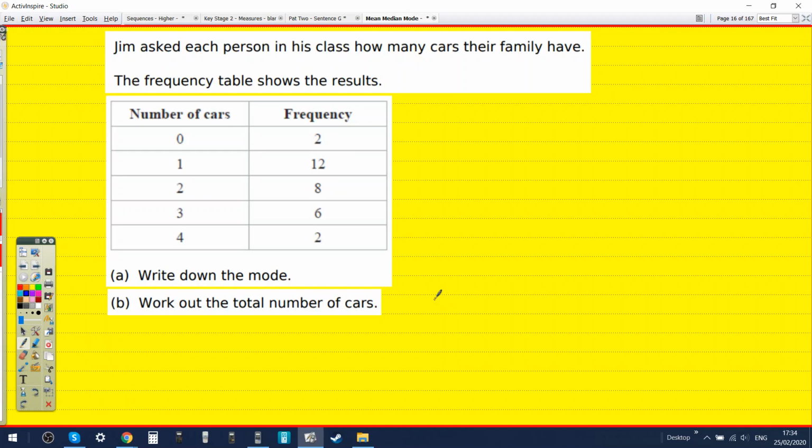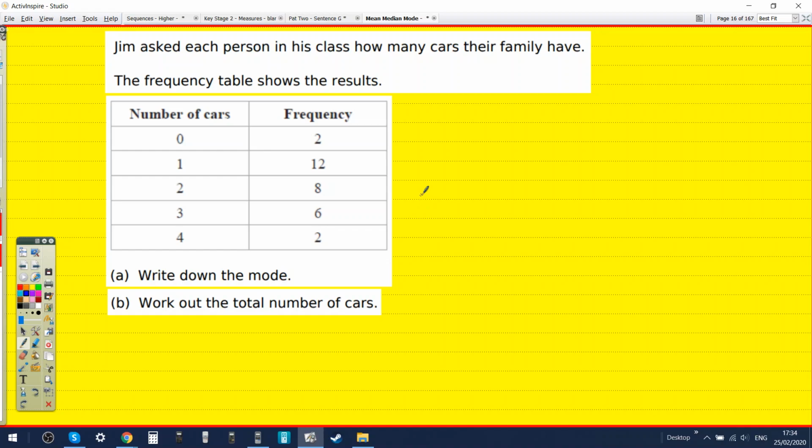So how about this one? How do you get the mode?